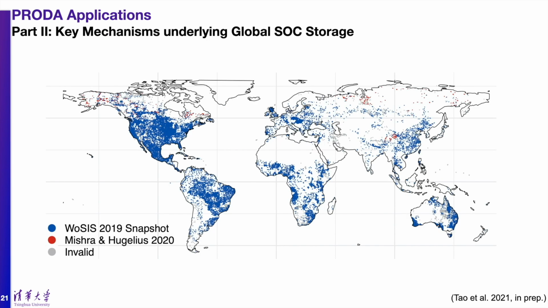So we have just discussed the first application of the product approach. We find that compared with the default model parameterization, the optimized parameter values by data simulation can correct the enormous bias in soil organic carbon stock estimation in model simulation, but may not be able to describe spatial details of soil organic carbon distributions.